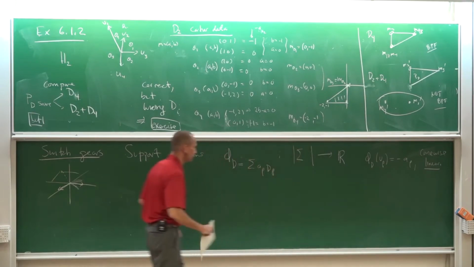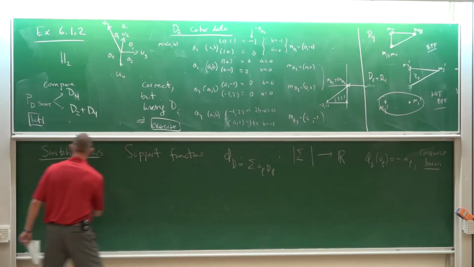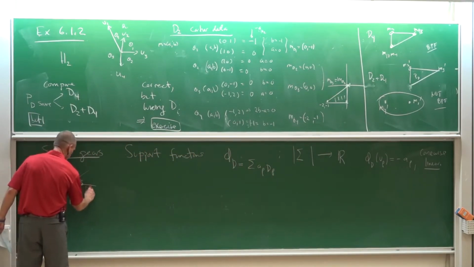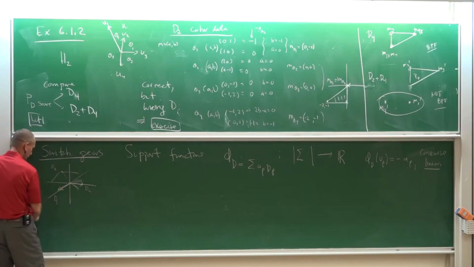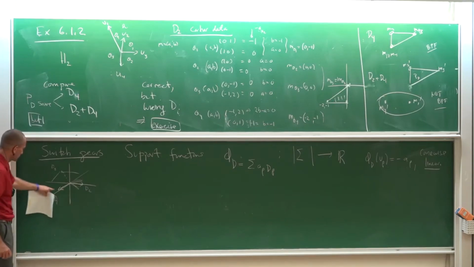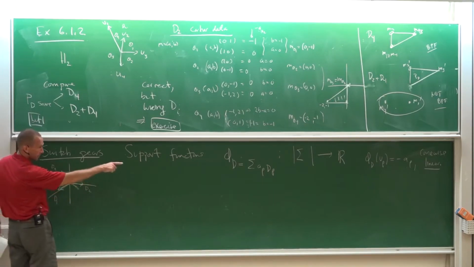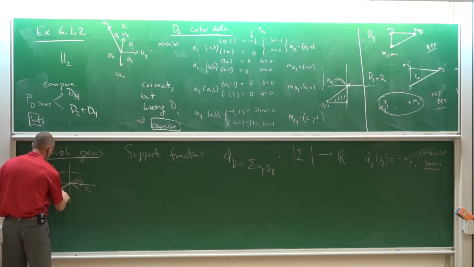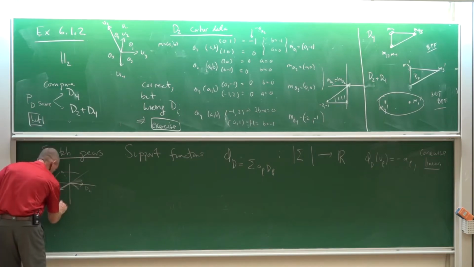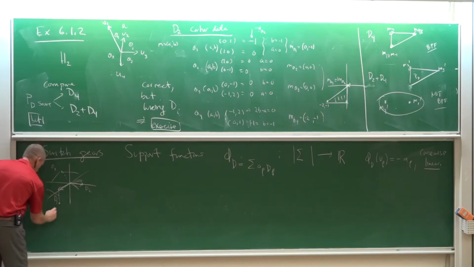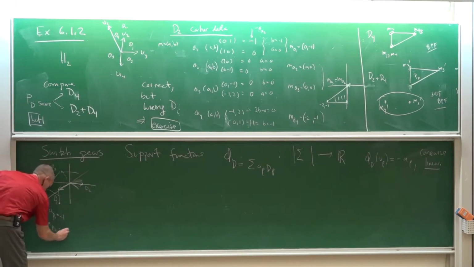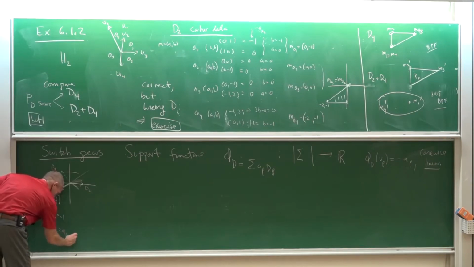So for example, if this is D1, D2, and D3, and I picked the divisor D1, on the ray for D1 I assign the value minus 1, right? So a rho 1 is minus 1, and then a rho 2 equals a rho 3 equals 0.